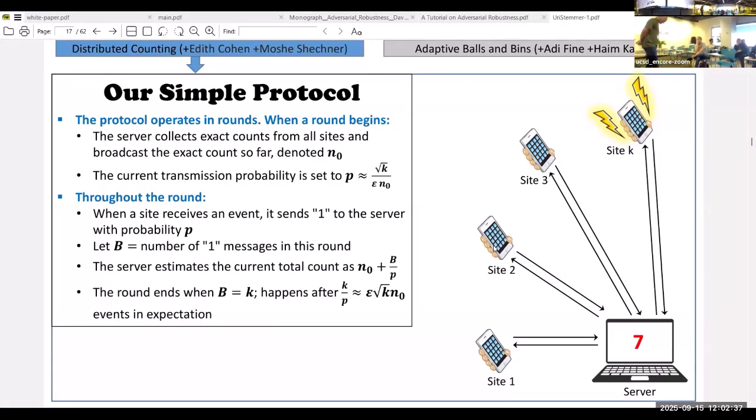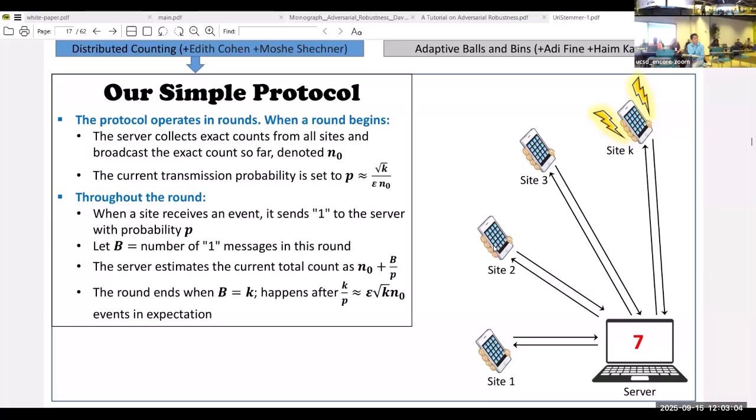So, how do you get the p in advance? Yeah, so the p is computed, it's only a function of n0, right? And so in the beginning of the round, the server collects exact counts, it knows n0, p is determined, and then it broadcasts p to all of the sites.